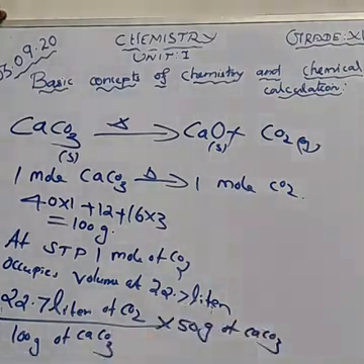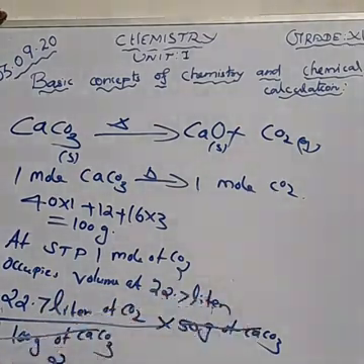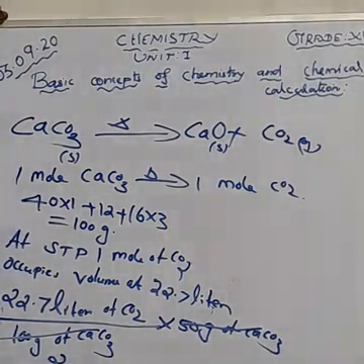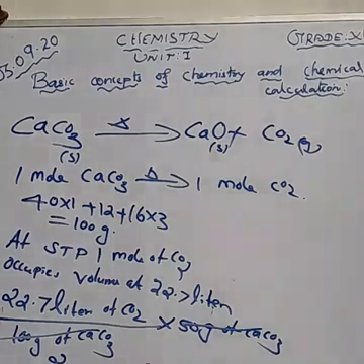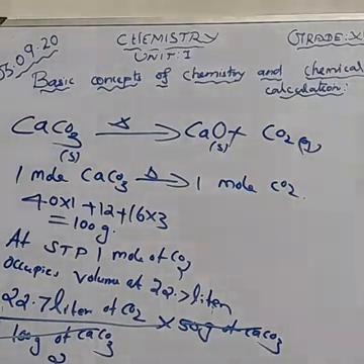So how can you get this? Here 100, we get 2. So approximately equal to 11.35 liters of CO2. What's the answer? 11.35 liters of carbon dioxide.